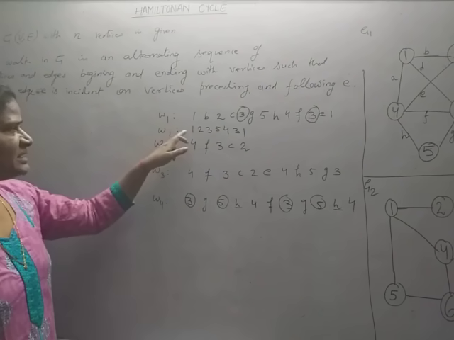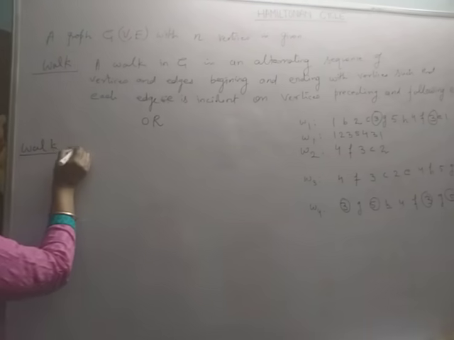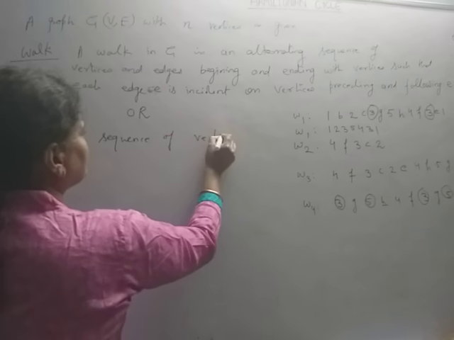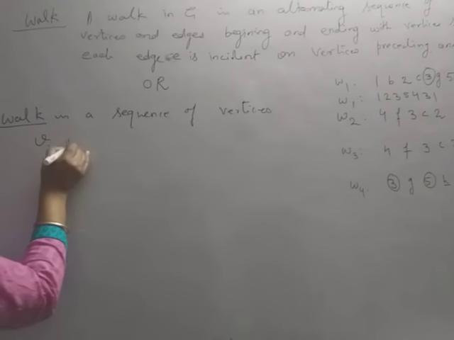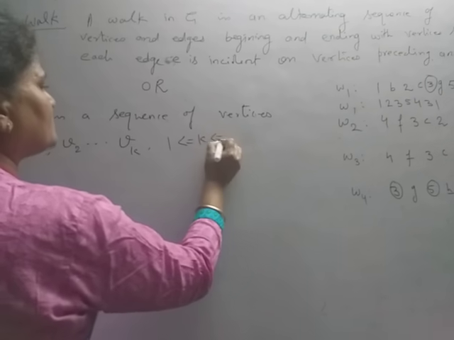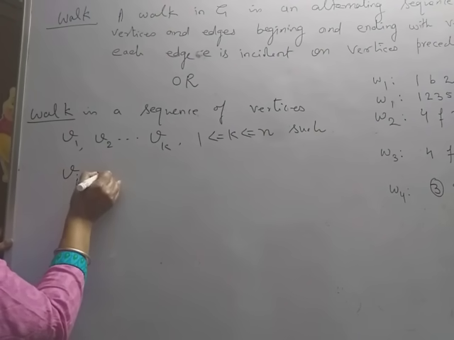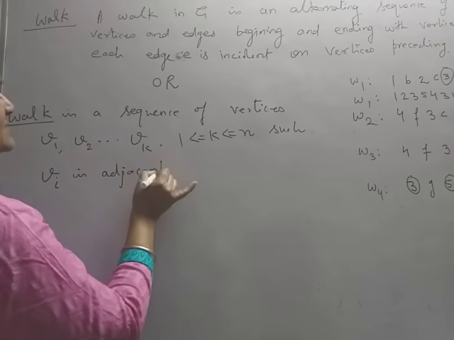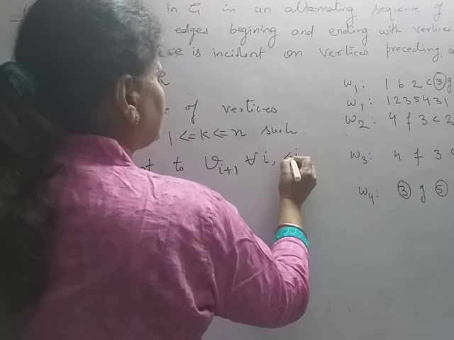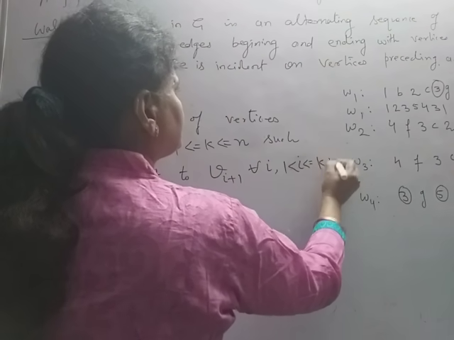In this case, the other definition is: a walk is a sequence of vertices like V1, V2, so on, Vk, where k is greater than or equal to 1 and less than or equal to n, such that Vi is adjacent to Vi plus 1 for every i greater than or equal to 1 and less than or equal to k minus 1.